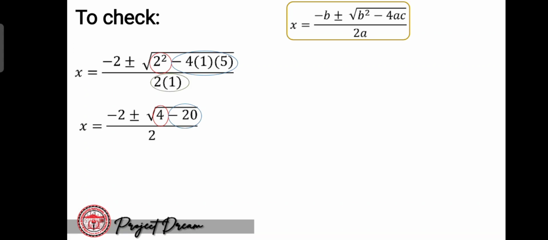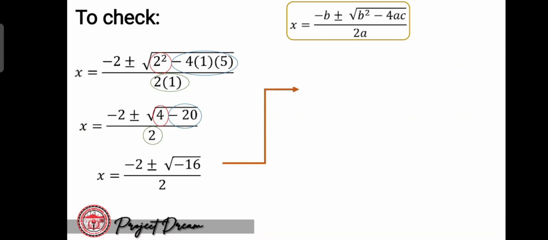The denominator, which is 2 times 1, becomes, of course, 2. Next, let us simplify. So it becomes x is equal to negative 2, either positive or negative square root of negative 16 because 4 minus 20 is equal to negative 16. And then copy the denominator, which is 2.